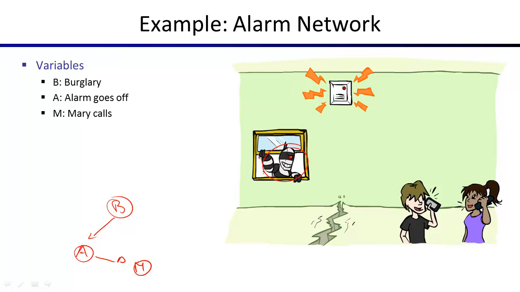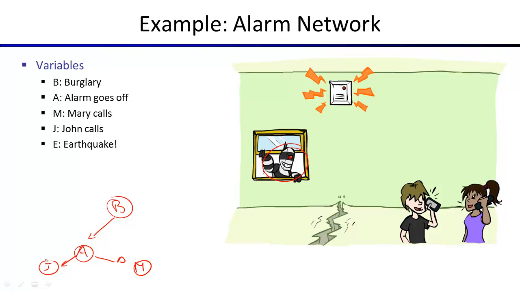You could argue that would be true. That's not the assumption we're making in this particular model. This model here assumes that all Mary can do is just hear the alarm, maybe not hear the alarm. John, your other neighbor, behaves just like Mary and will only be able to observe whether your alarm goes off or not.